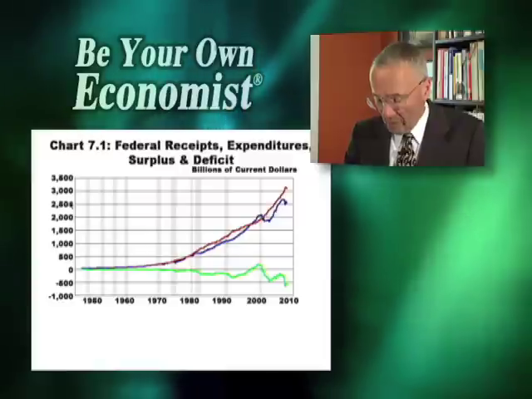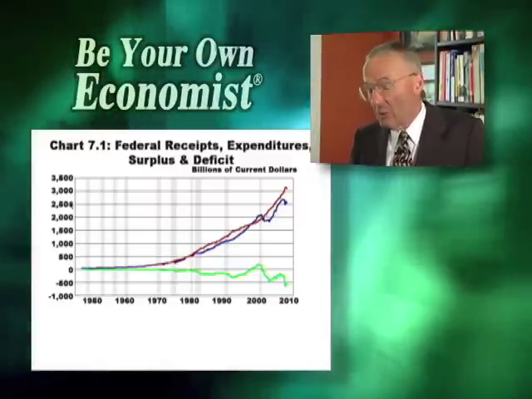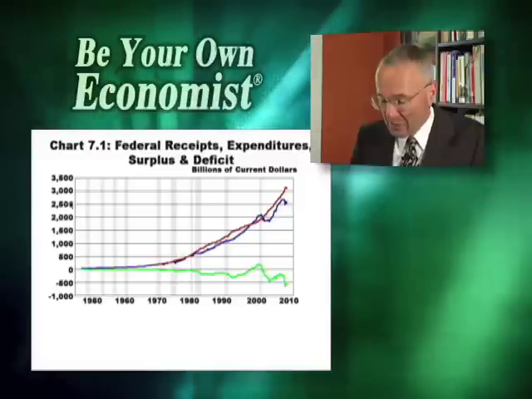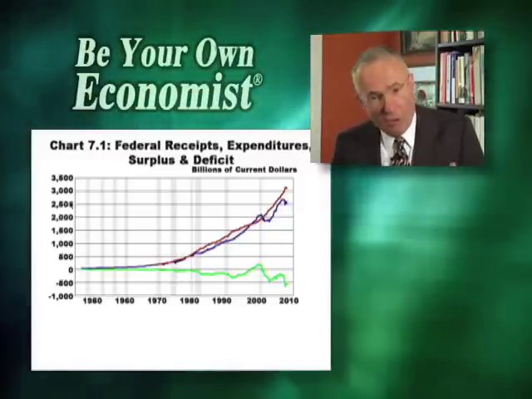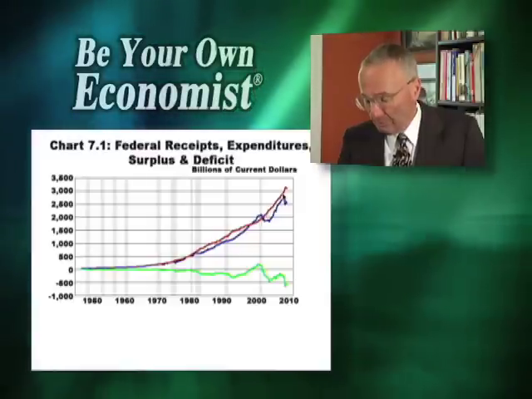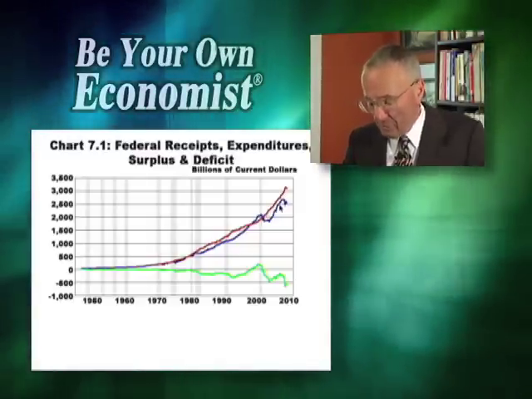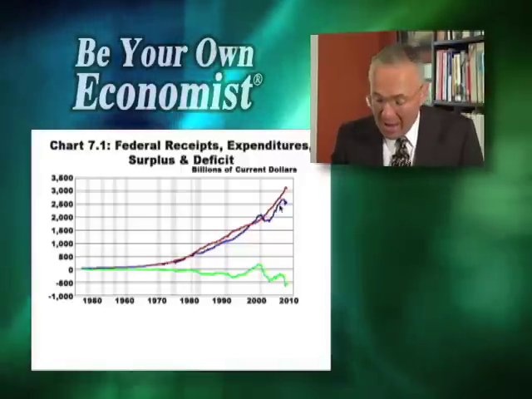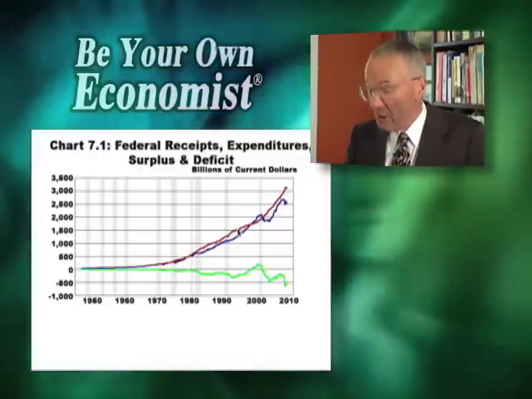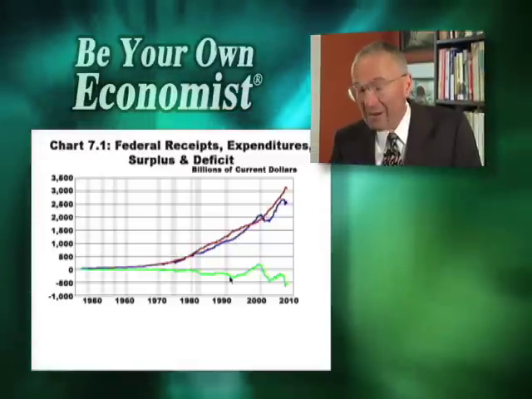And you'll see also the lines which represent federal government receipts, federal government expenditures, the surplus or the deficit. How does this work? Quite simple. The red line is expenditures. The blue line is receipts or revenues. So anytime the red line, which is of course the expenditures, is greater than the blue line, which is the receipts, we must be running a deficit.